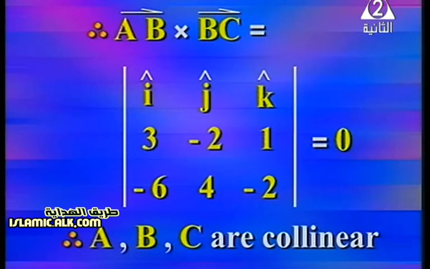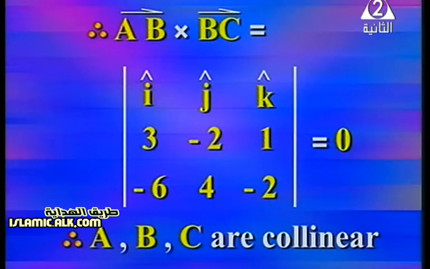The third row is negative to the second row, or third row equals -2 times second row. By another method, if we divide the third row by -2, it equals the second row.